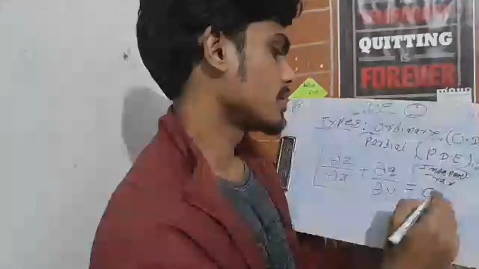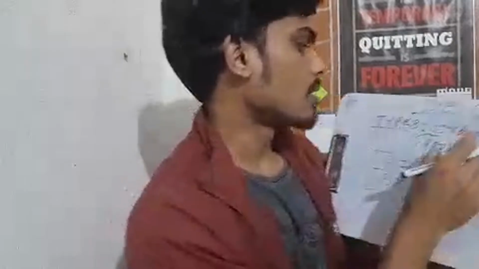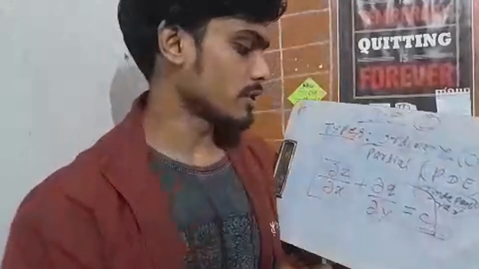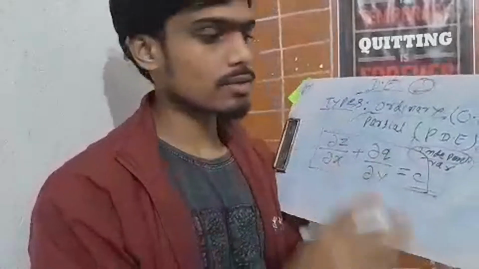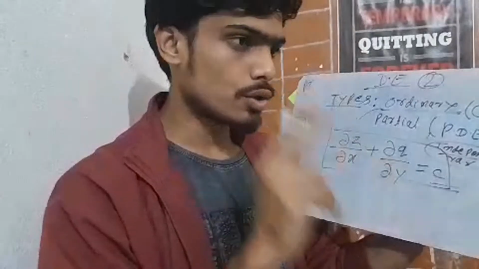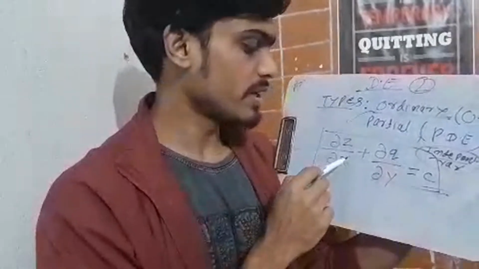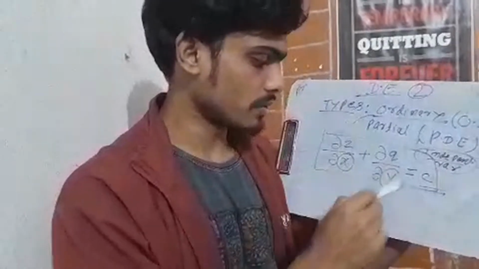So this is the format of a partial differential equation. It contains two independent variables. The first one is x and the second one is y.